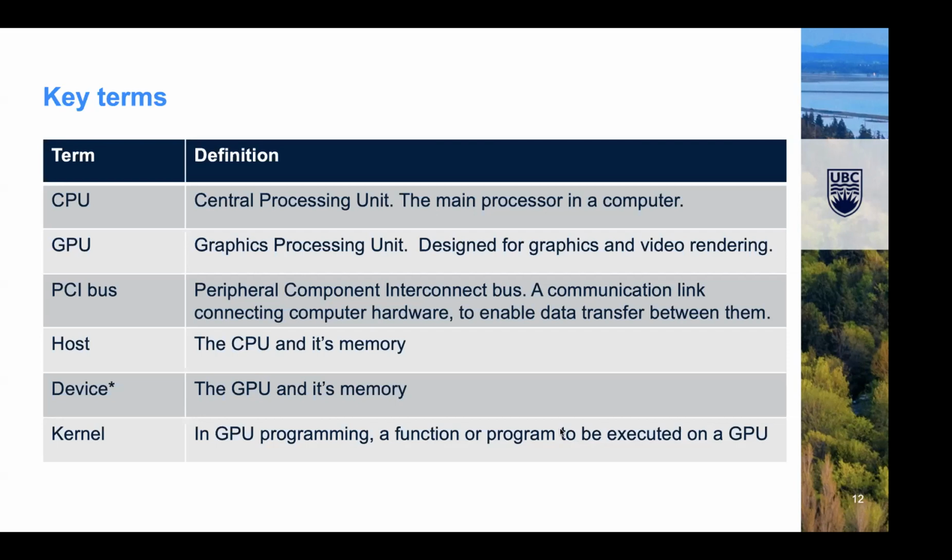For example, if you're working with PyTorch, you may set the device to either your GPU or CPU, so to CUDA, which we'll come to shortly, or your CPU, depending on whether or not CUDA or GPU is available. So in this case, device can be two different things, but typically the host is the CPU and its memory, whereas the device is the GPU and its memory.